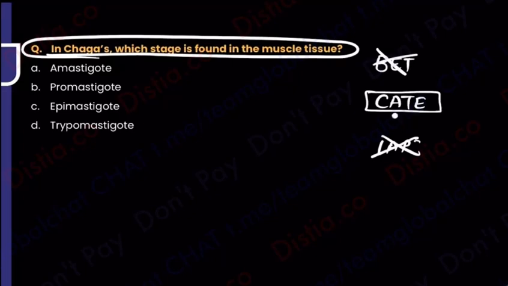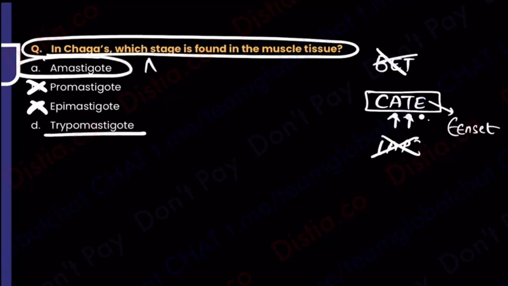It has amastigote, trypomastigote, epimastigote. But epimastigote is found in the insect, not in us. So epimastigote is gone. Promastigote it doesn't have, so these two options are gone. My only confusion is between amastigote and trypomastigote. If you remember carefully, trypomastigote was the form that was coming and going. So the one that I would see in the muscle tissue will definitely be the amastigote form.